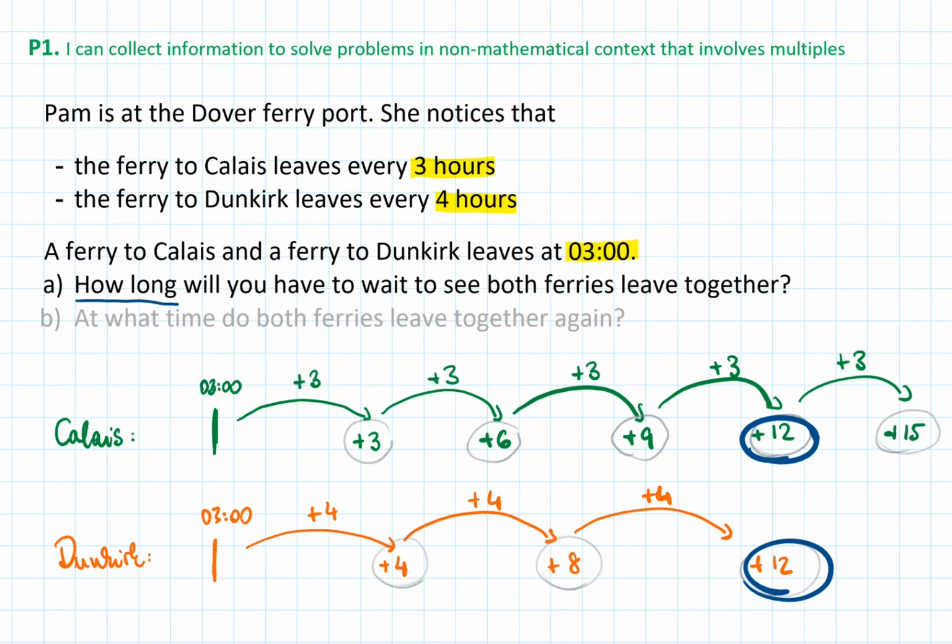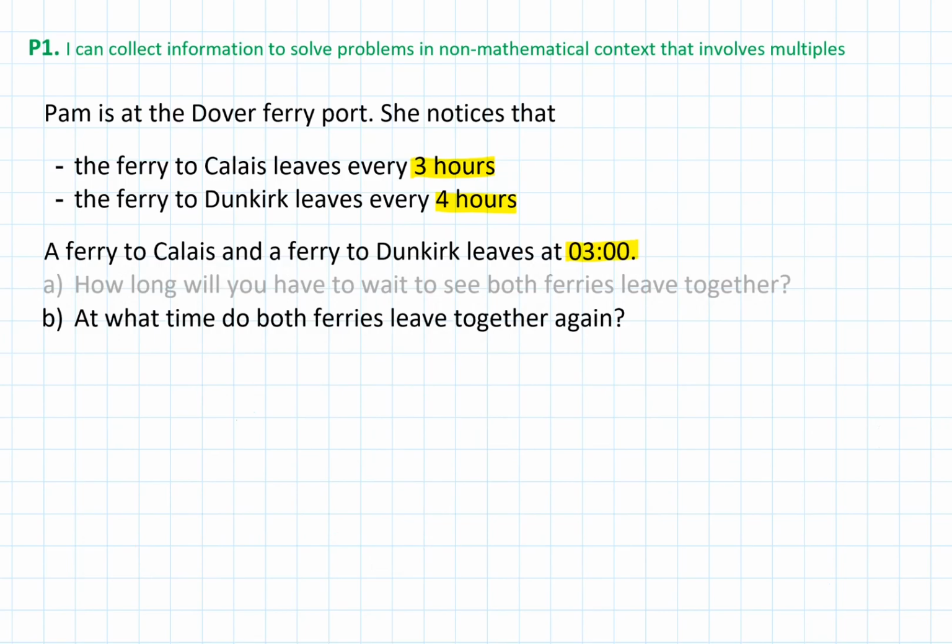That's not at what time they will leave, it's how long you have to wait. So the second question is asking us, at what time do both ferries leave together again? Now in the first question we calculated that we'll have to wait 12 hours for them to leave together again.